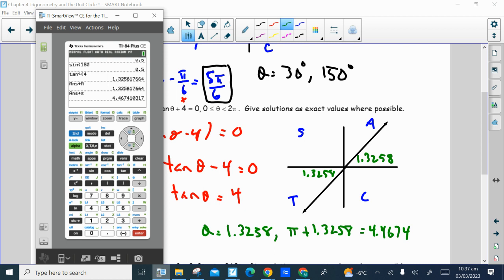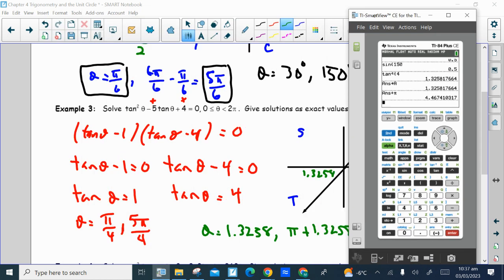But if I check them, and you should always check them in the original equation, I'm going to store this number into memory slot B, my second answer. My first answer was in memory slot A. So if I check this using the original equation, the tan squared theta means the tan of theta all squared. So to check this, I'm going to open a bracket.